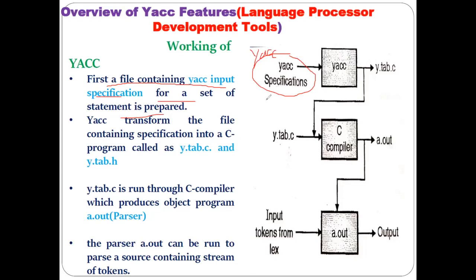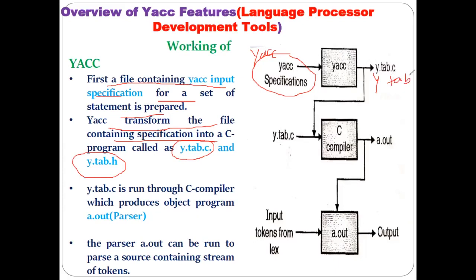In the next slide I will tell you that. So here you write the Yacc program with the input specification. Then the Yacc compiler transforms the file into a C program, generating two files, y.tab.c and y.tab.h.